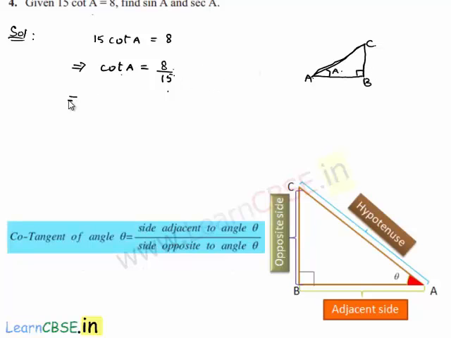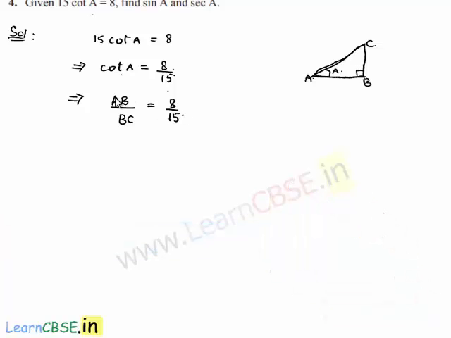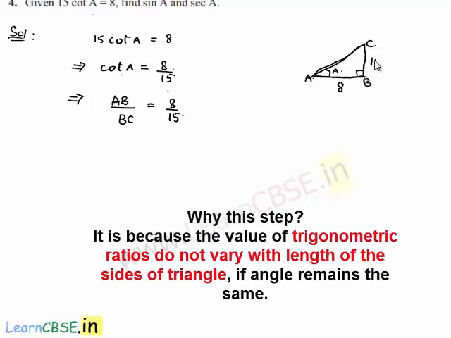We can write cot A as the adjacent side of angle A, here AB, by the opposite side of angle A, here BC, which is equal to 8 by 15.